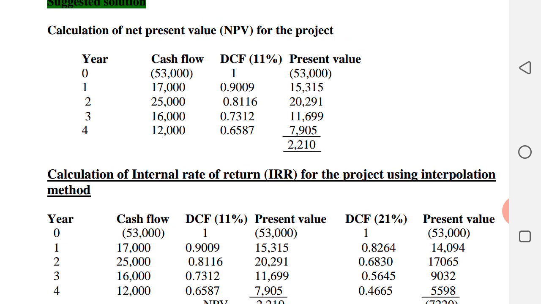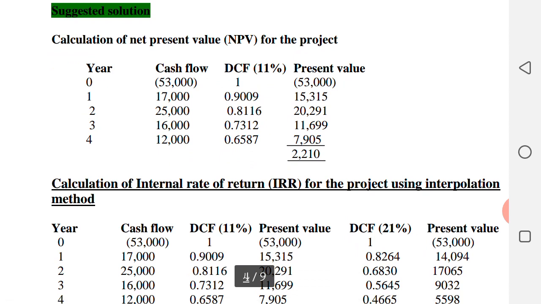I cannot remember where they stop, but you have the table there, so sometimes you don't need to push a calculator. You can pick it from the question booklet. Then you multiply it with your cash flow, and we have our present value.